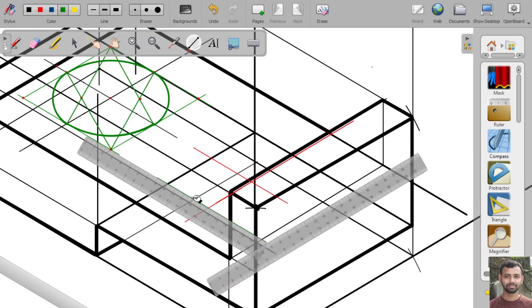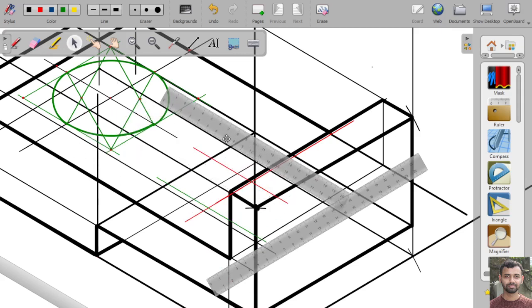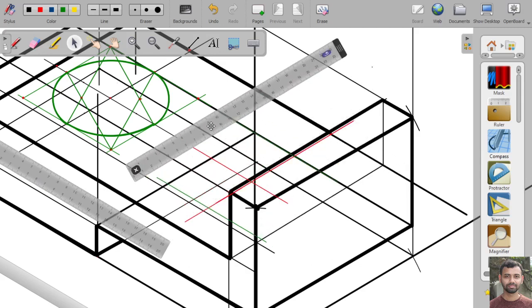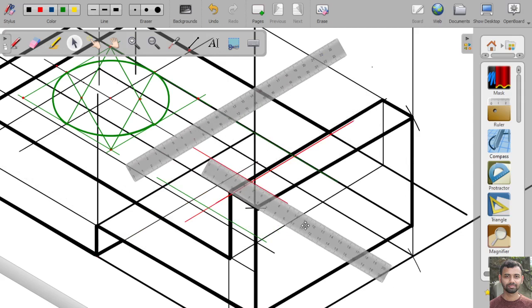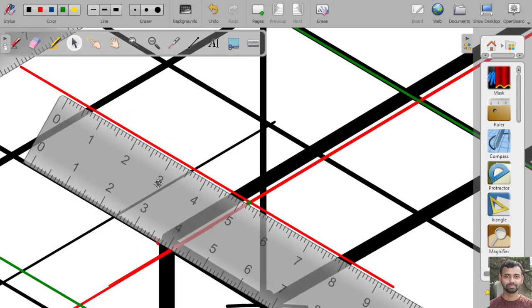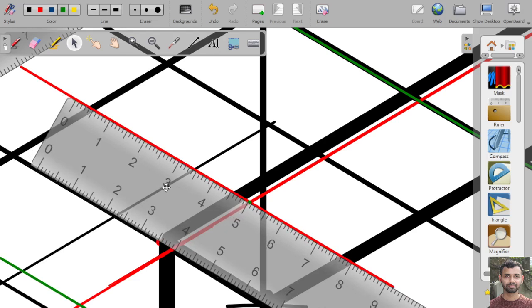Okay, it will be like this, and this line will be, we have to measure. This line will be at a distance of 50 mm, like this.